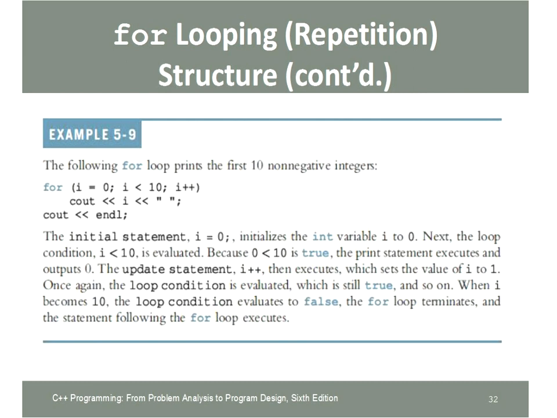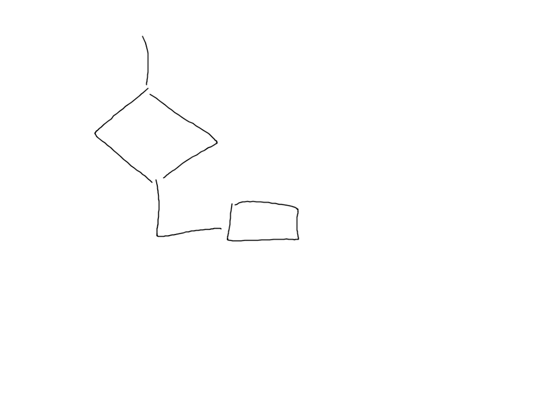The two relate to each other, and usually it's pretty much a copy of each other. When we have a for loop, it's still going to be a simple while loop. Let's say we have a flowchart. We have the loop control, we have the statements, we have the update.